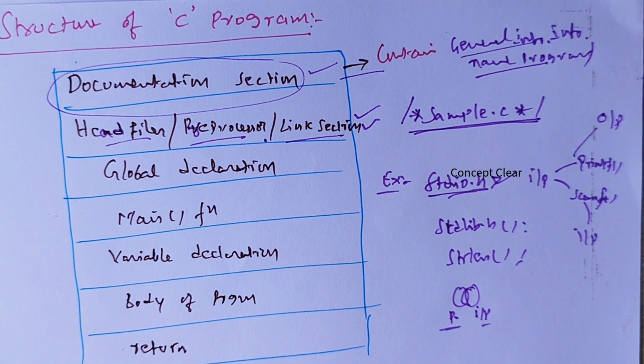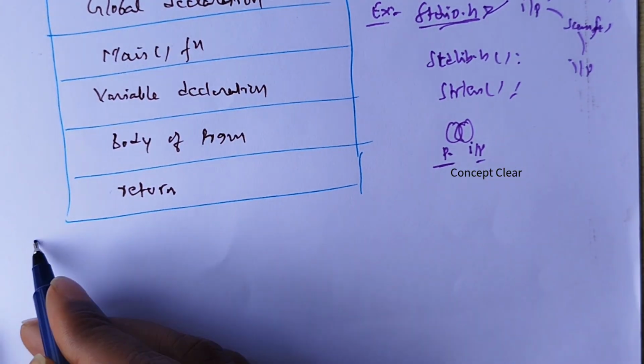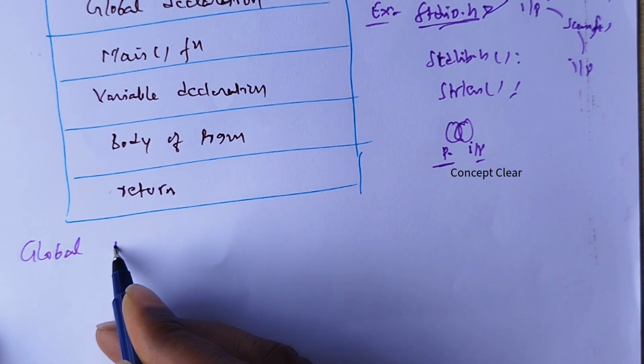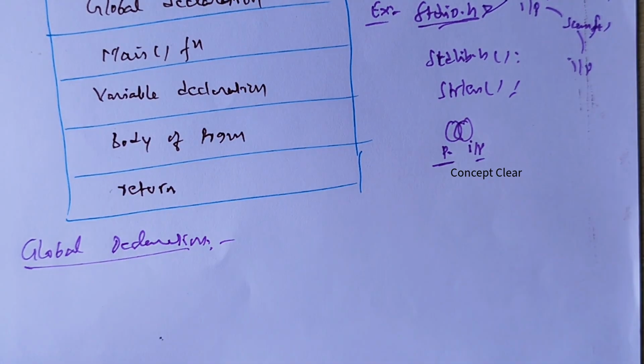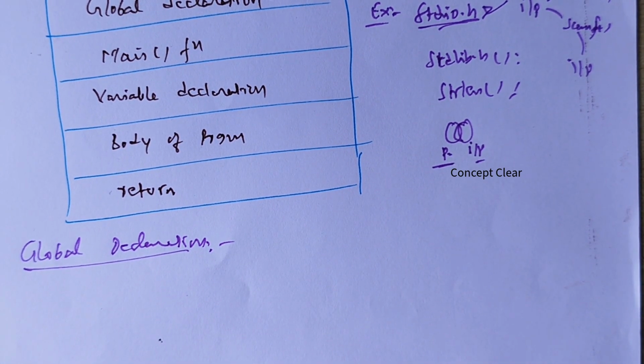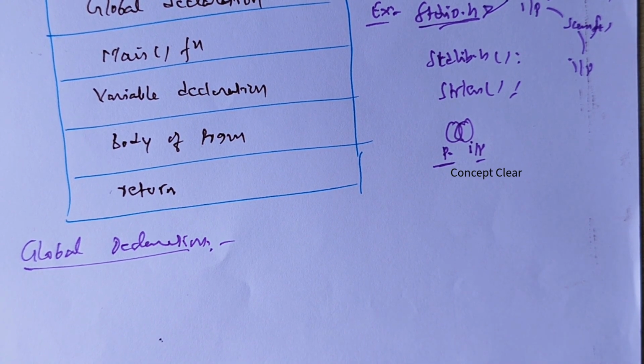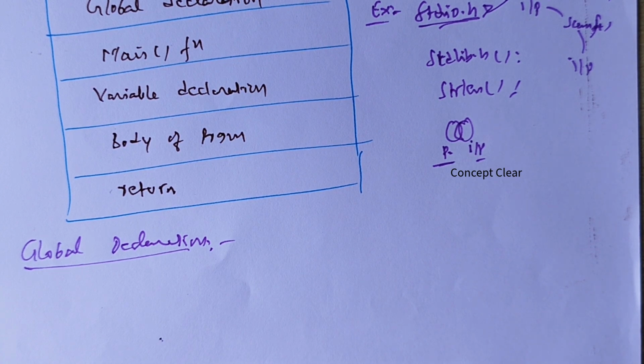The next one is global declaration. What is the meaning of global declaration? When we use a variable inside the program, it should be declared early. Global variables are the variables we declare outside the main method.